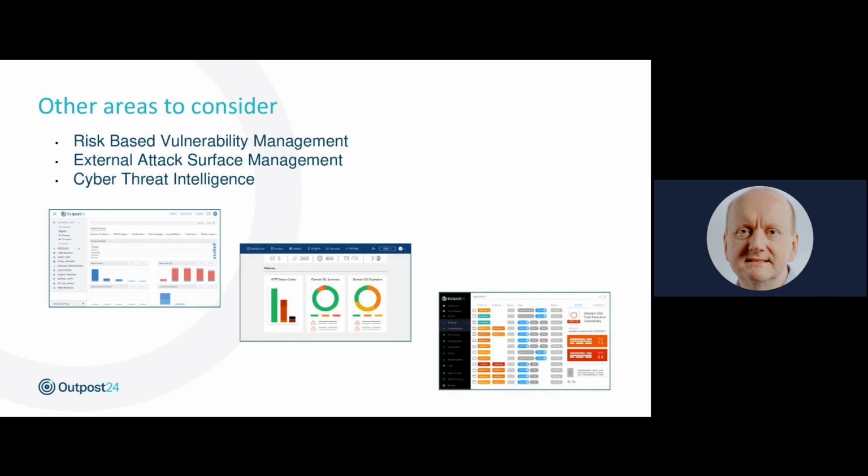So within our RBVM solution, we look at a lot more than just the vulnerability score. We do scoring based on things like how likely that vulnerability is to be exploited. How much has it been talked about on the dark web, for example? Is there an actual exploit that exists, and is it something that is likely to be used to attack your organization?